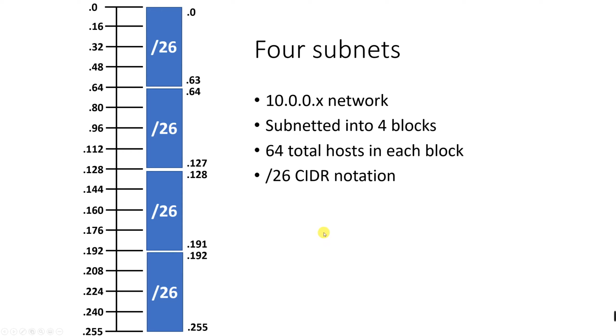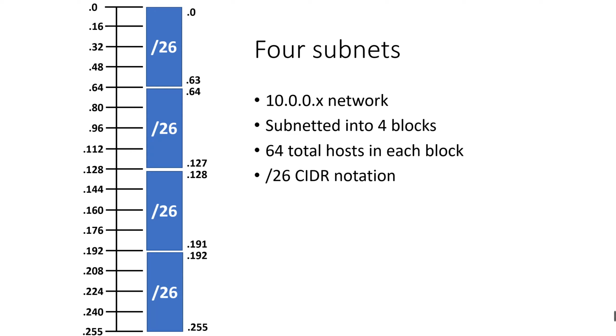Now, let's look at what happens to the CIDR if we make 4 subnets. So we moved up again. We went from /25 with 2 subnets to /26 with 4 subnets. And each of these subnets has 64 total IP addresses in it. The first subnet ranges from 10.0.0.0 to 10.0.0.63.